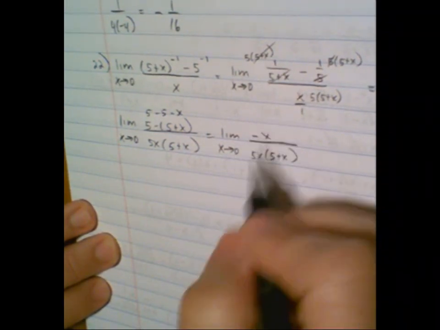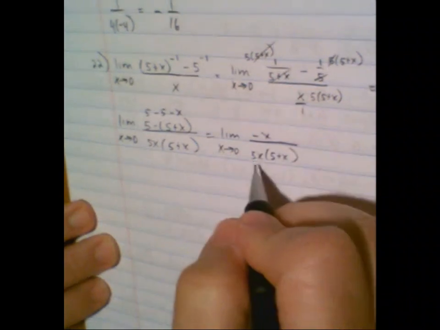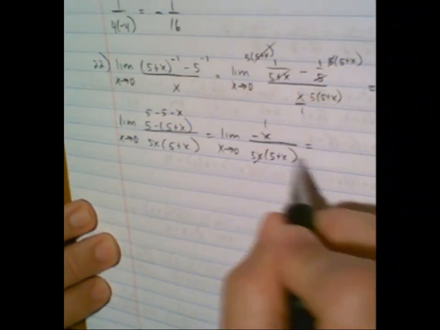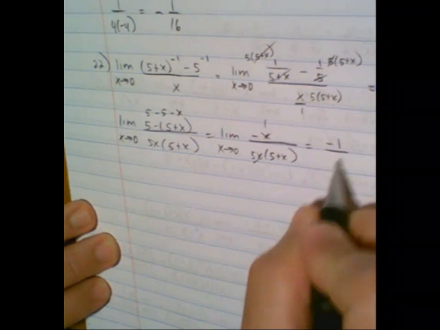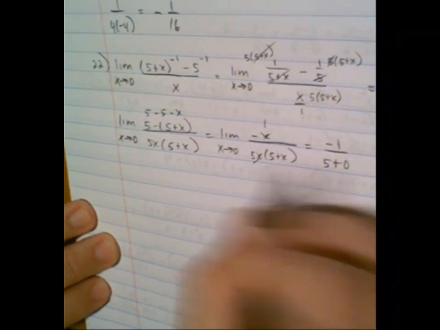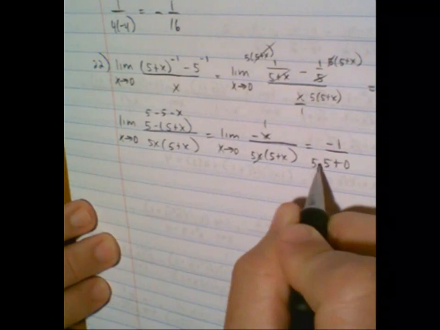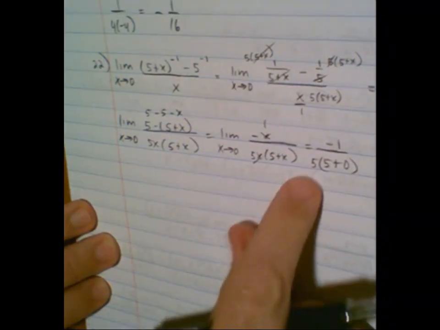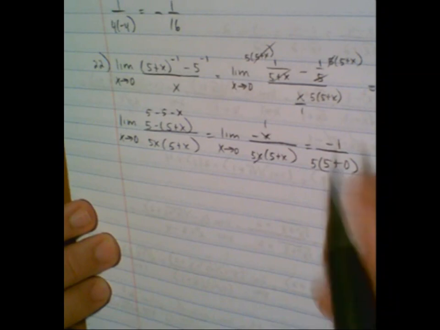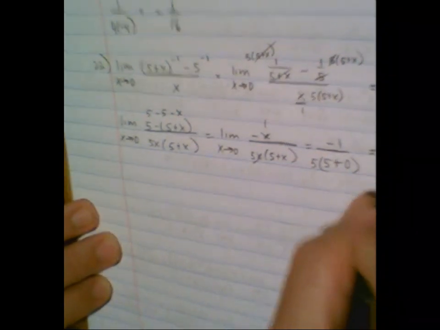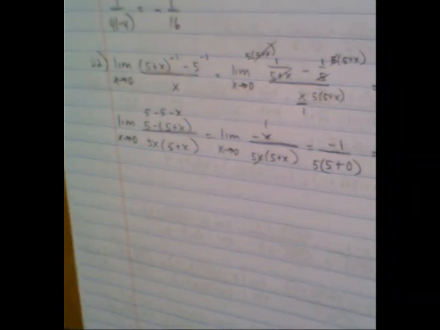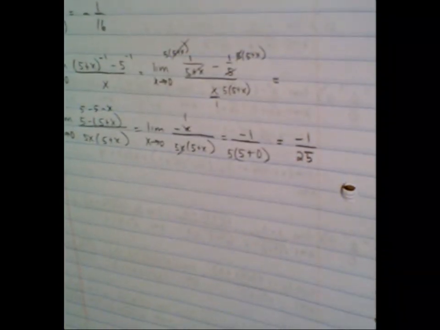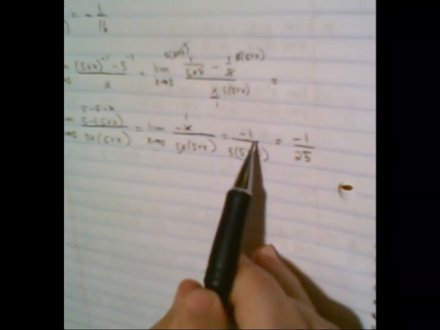The x's cancel to become negative 1. So we have negative 1 over 5 times 5 plus x. Negative 1 over 5 times 5 plus 0 is negative 1 over 25.